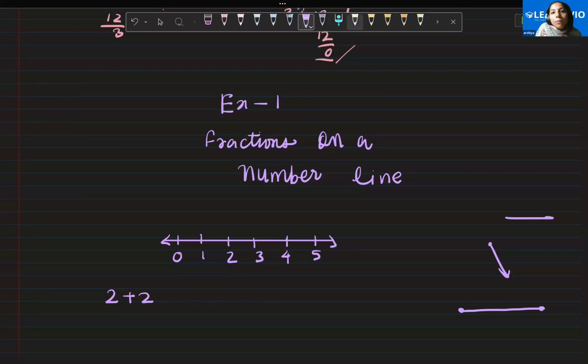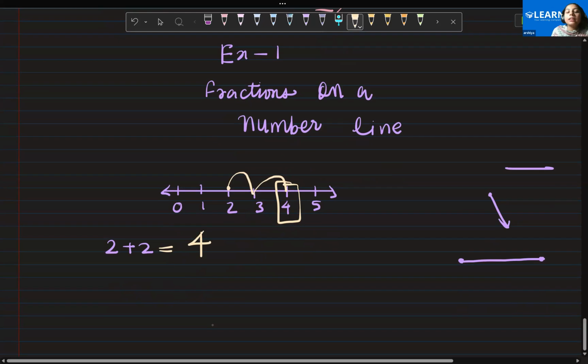You start with 2 and move two spaces forward. So 1 and 2. And where am I stopping? I'm stopping at 4. So my answer will be 4. Okay? Yes, I did it. Yes, I know.